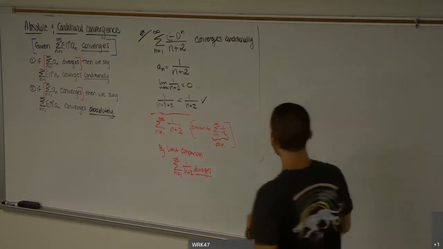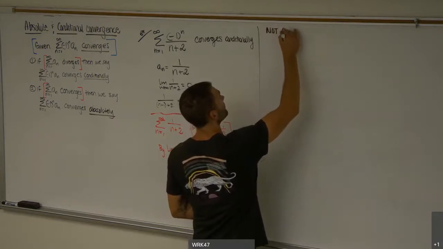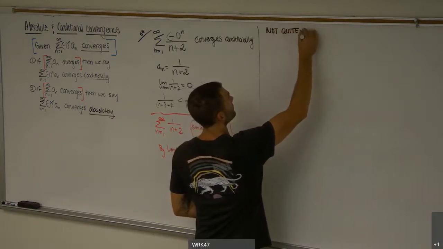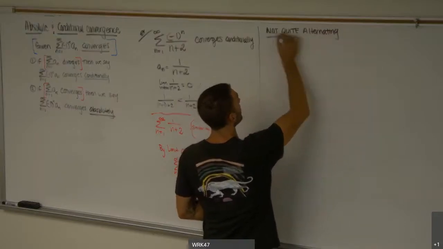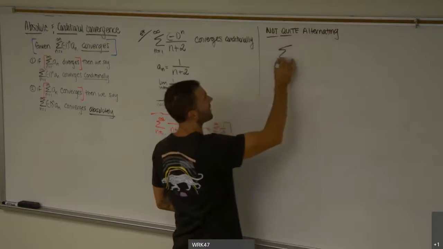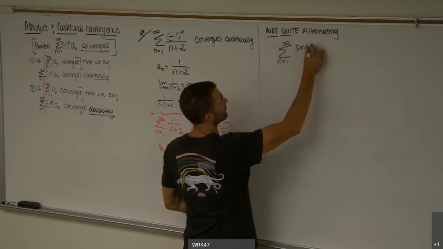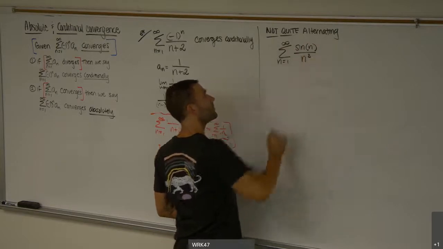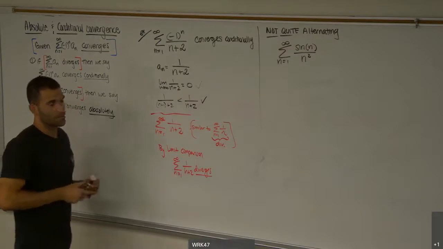And then the only other thing would be, what if it's not quite alternating? It's alternating, but not quite alternating. Maybe something like this: sine of n over n squared. We'll write out the terms, right?